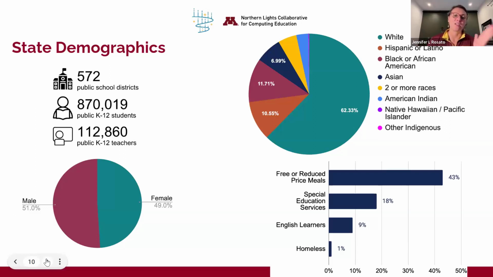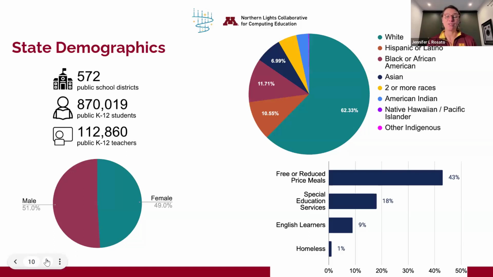And there you can see the percentages for some of the other groups. And then the chart in the bottom right shows the percentage of students in Minnesota that qualify for free or reduced meals. That percentage surprised me. I didn't think it would be 43%. I thought it was going to be closer to 20 to 30%, but it's almost half of our students. We have almost 1 in 5 students who qualify for some sort of special education service, whether they're on an IEP or a 504.